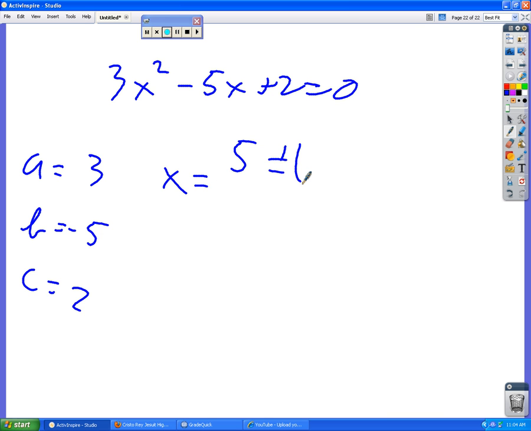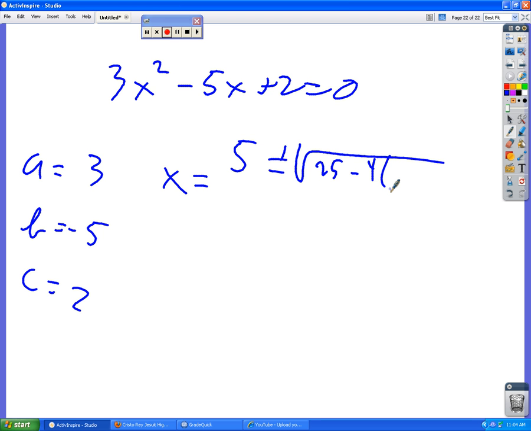Plus and minus the square root of what's inside? B squared. Take b and square it. And it's 25. Okay, I'm showing you how I do the problem. I square b, write it down. Then I put down negative 4, parenthesis.